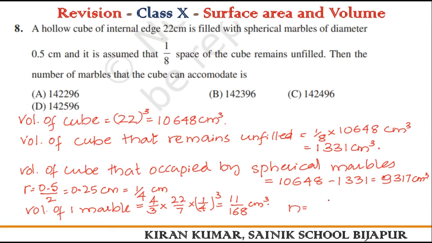This will be the volume left out which can be filled with the marbles, 9317 divided by 11 upon 168. On calculation, we get 142296. So 1,42,296 marbles can be filled, and it is present in option A.